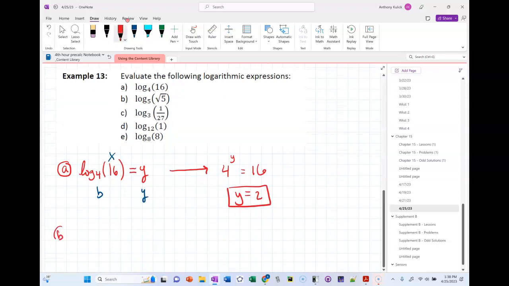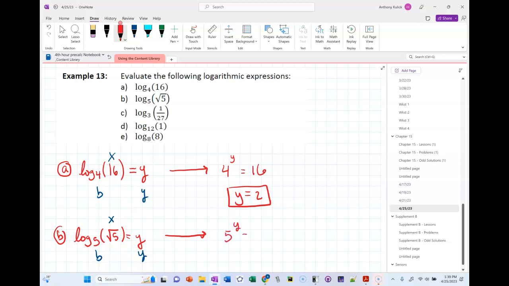Let's do another. So again, I'm going to say that that logarithmic is equal to y, so I have an equation. Observe that there my b is 5, my x is root 5, and my y is y. So I can write 5 to the y is equal to the square root of 5.